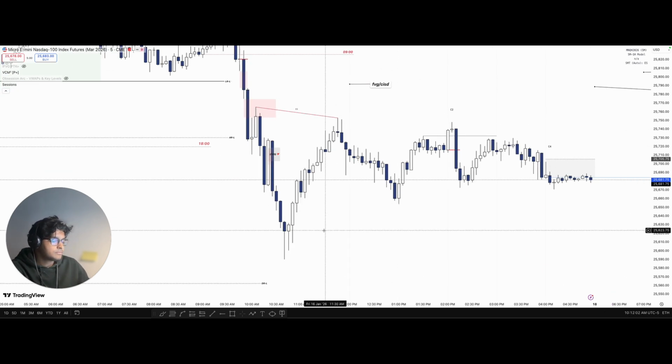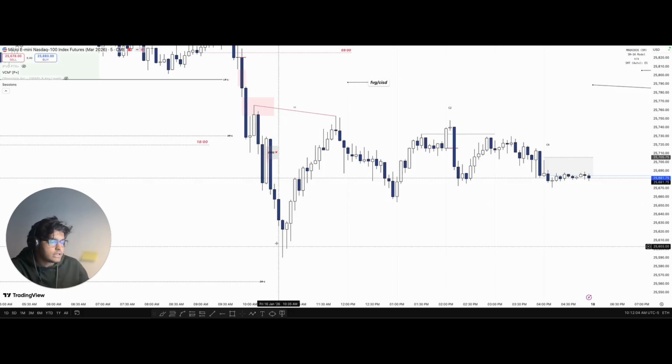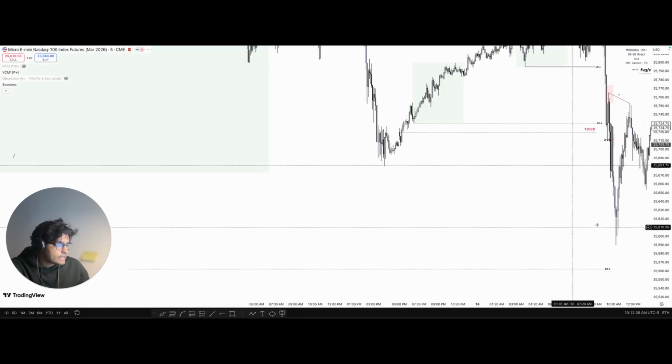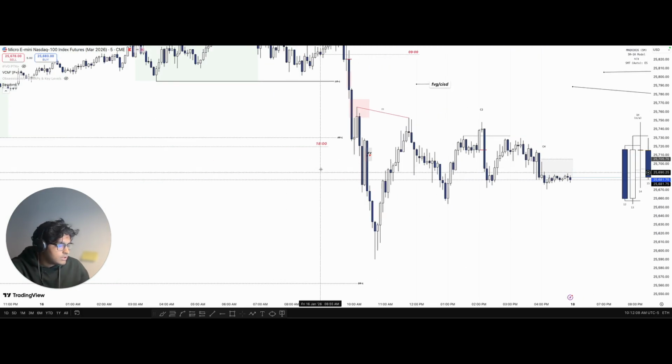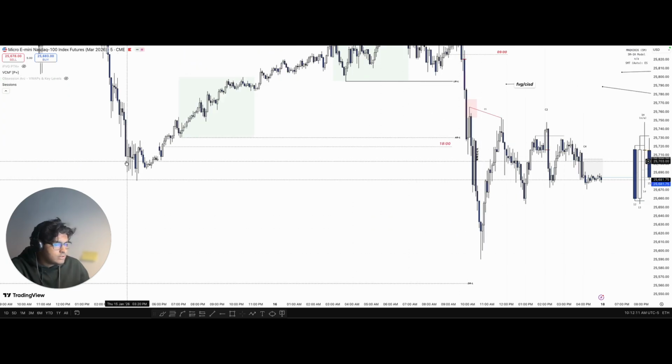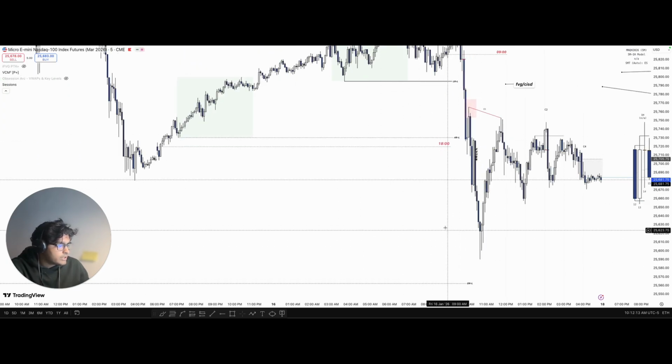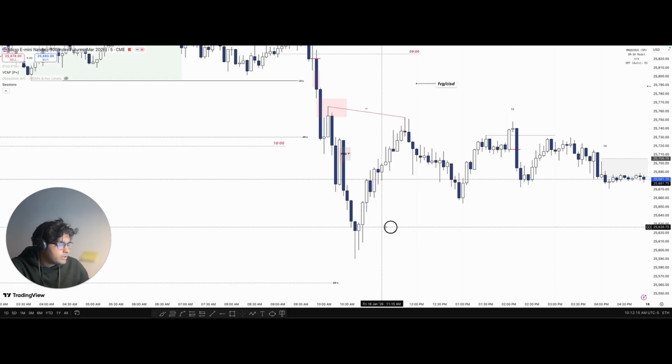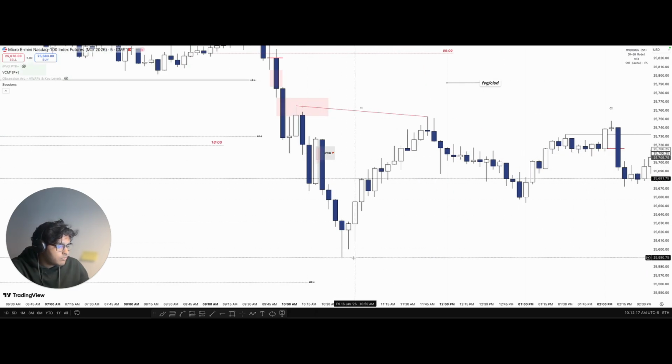You understand? Like, see, suppose here the price came down lower. It came down, I mean, it swept a lot of liquidities, right? In the 5 minute we had a lot of push lower. It inverted this fair value gap, right?